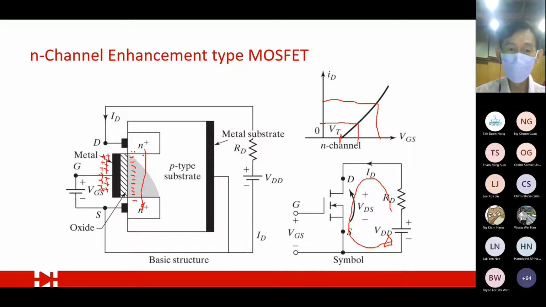That means more electrons are attracted here and they form a wider bridge so that more current can flow through. This is one of the very important characteristics that you need to know for your switching device.